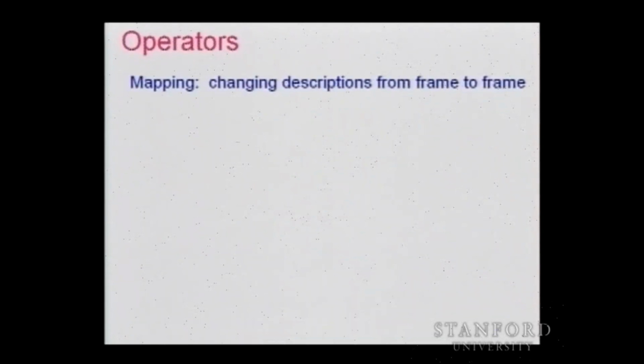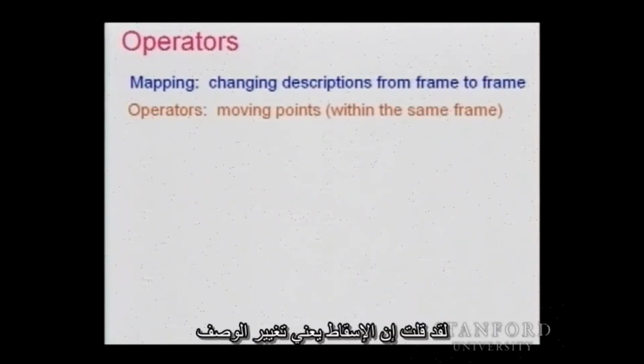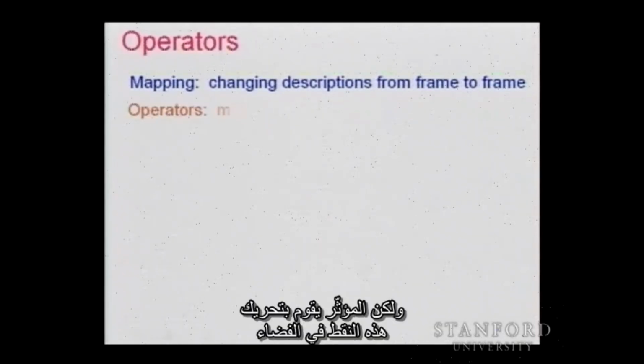But now I'm going to take the rotation matrix and use it to rotate a vector. So the vector was here. I'm going to rotate it by the rotation matrix. So I said the mapping is changing descriptions. Okay? An operator is moving those points in space.